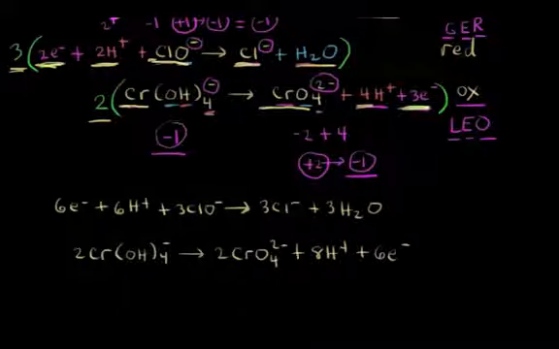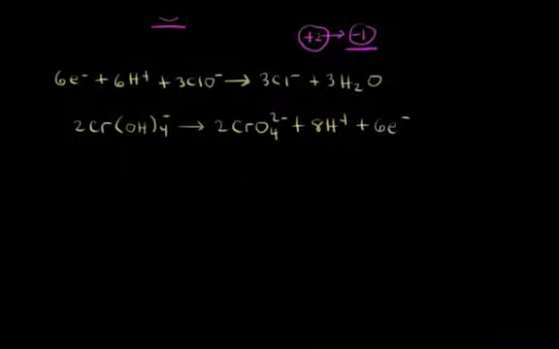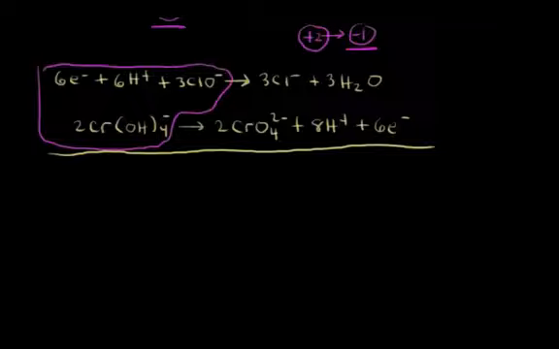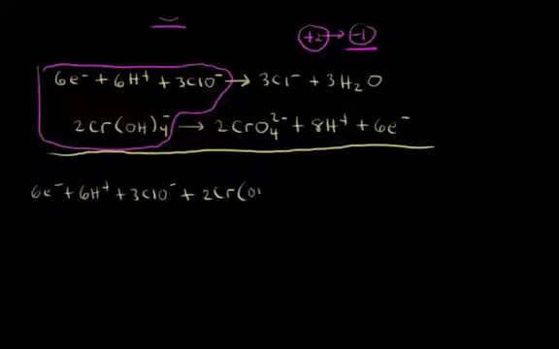Next, we're going to add our half reactions together. So once again, we're still pretending like we are in acid here. We're going to take all of our reactants and put them on one side. So we have 6 electrons plus 6 protons plus 3ClO minus plus 2Cr(OH)4 minus.